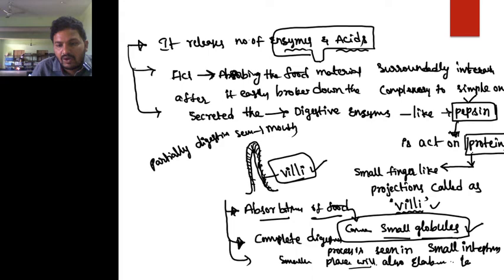Next, after the food enters into the duodenum, it pumps the food material to the liver and pancreas.